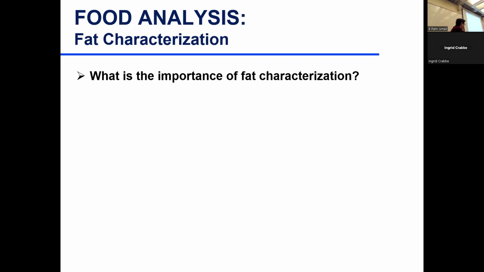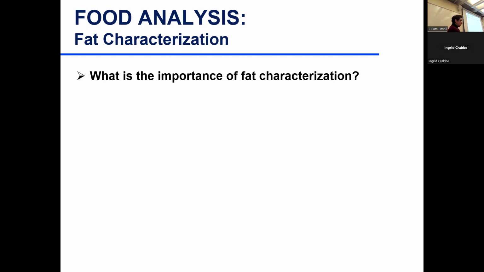So the more unsaturation you have, the less oxidation you have. The more unsaturation, the less oxidation. It rhymes, but is it correct? The more unsaturation, the more or the less oxidation? Anybody? Wake up. The more oxidation. Thank you.